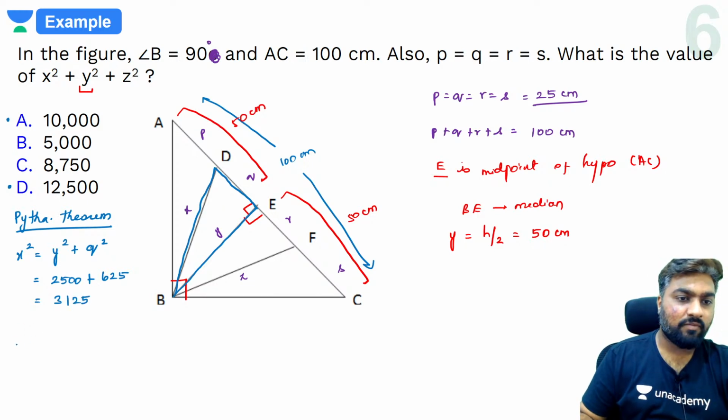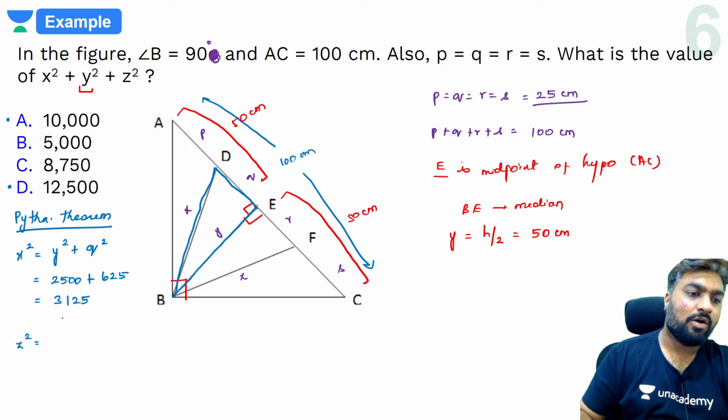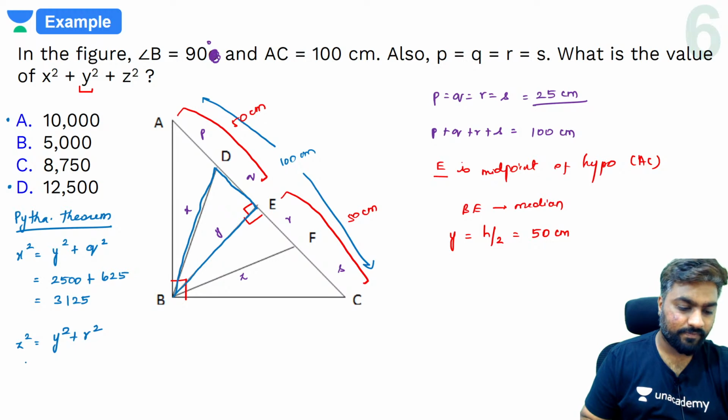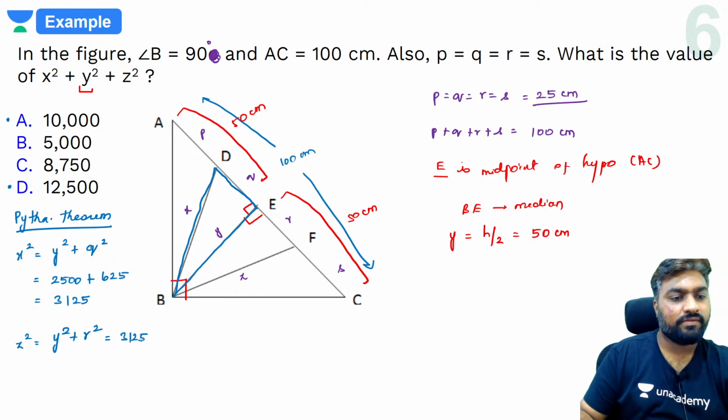Same way, z square will also be equal to what? Because z square is also a hypotenuse. That will also be equal to y square plus r square, which is 50 square plus 25 square, that is 3125.